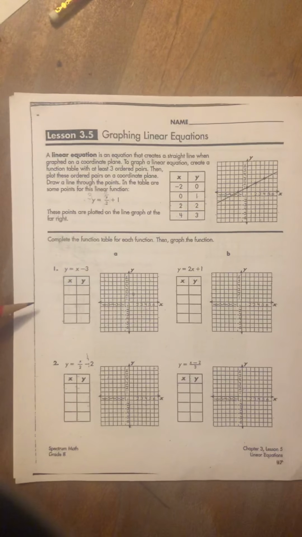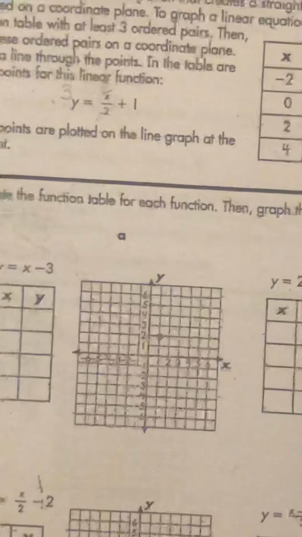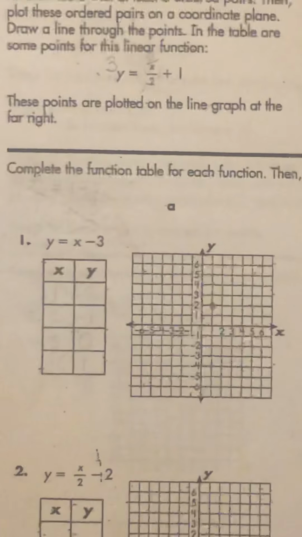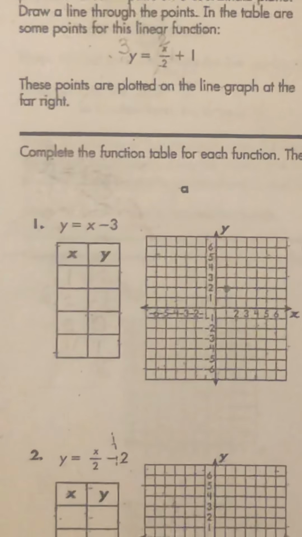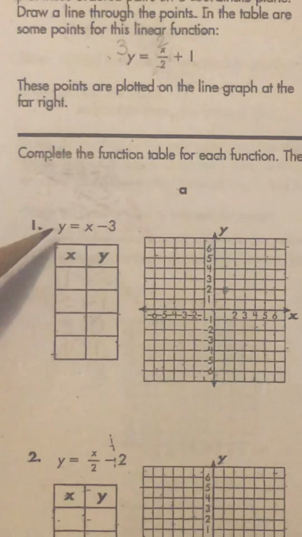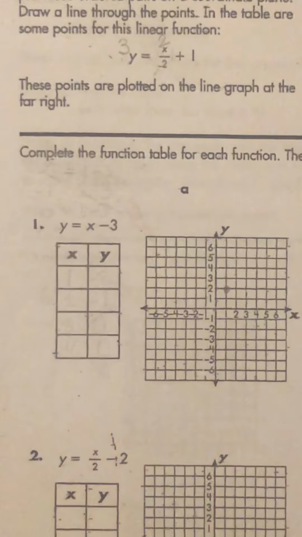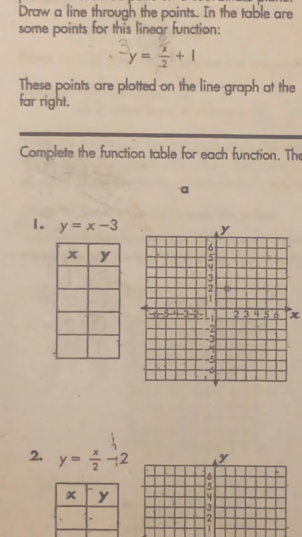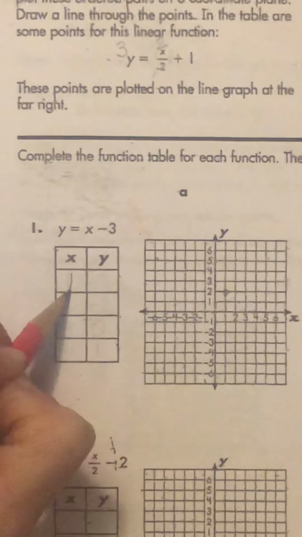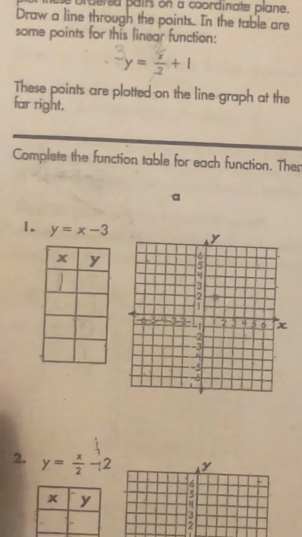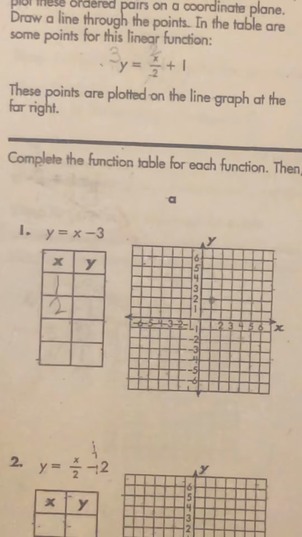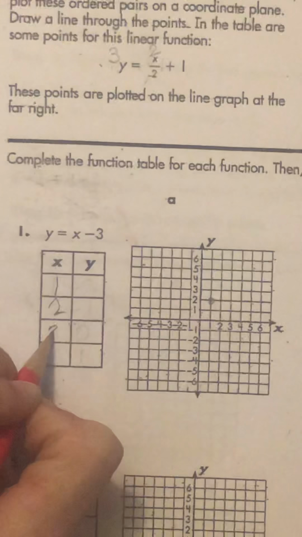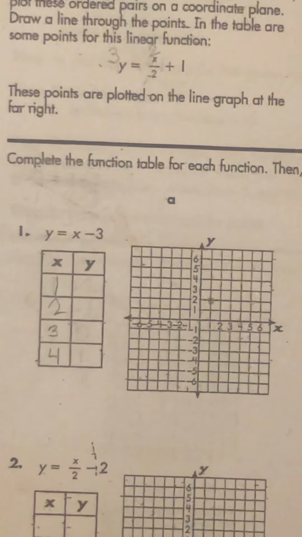Let's try number 1. All right, number 1 has the equation y equals x minus 3. Well, that's easy. So let's make it even easier, and let's make x values 1, 2, 3, or 4.